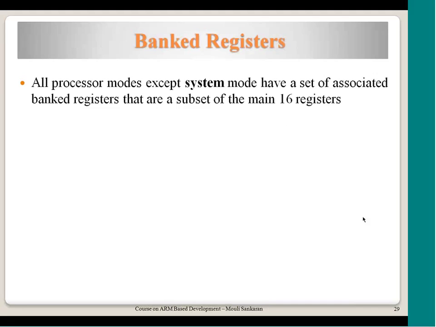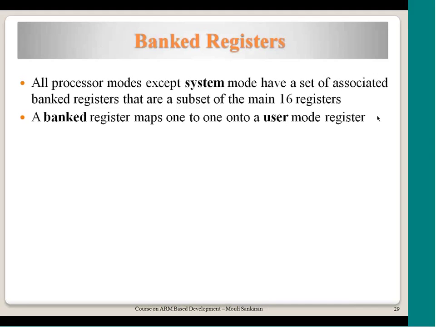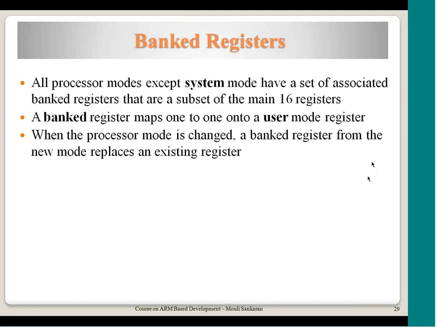All exception modes except system mode have a set of associated banked registers. What I said was, in system mode, the registers are the same as user registers, and their banked registers map to the user mode registers. When the processor mode is changed, the banked register from the new mode replaces an existing register.